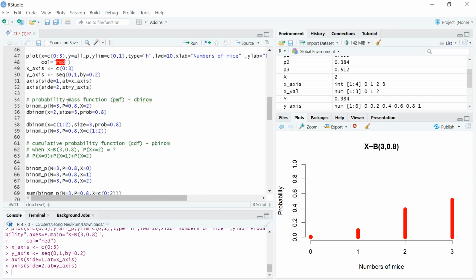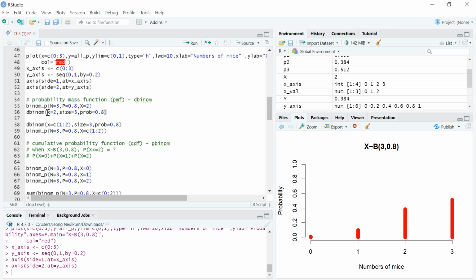However, R programming already gives us the inner function, which is dbinom. So we don't have to make our own function, and what we have to do is just use the original function in R programming. Which is a very easy thing.